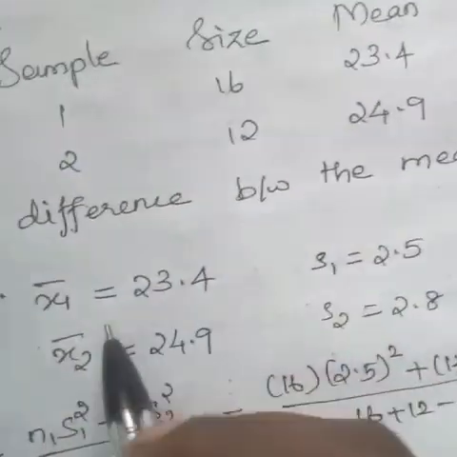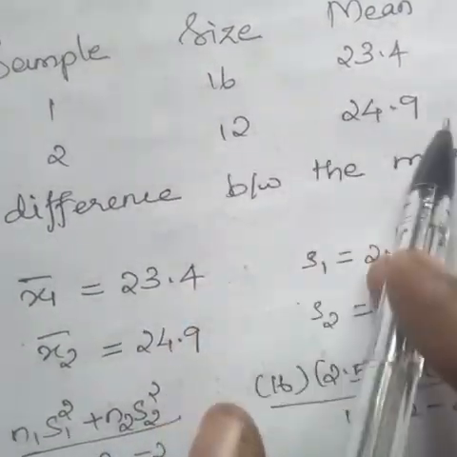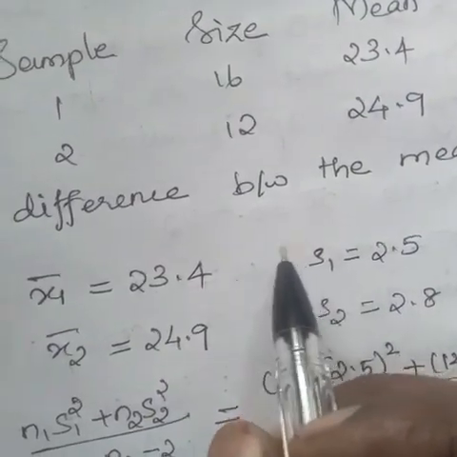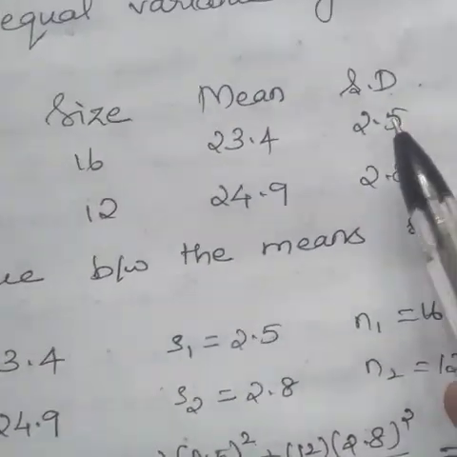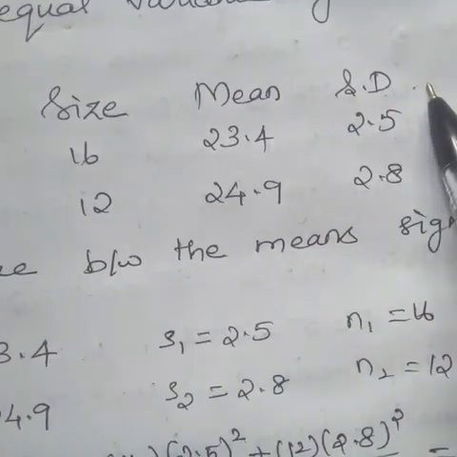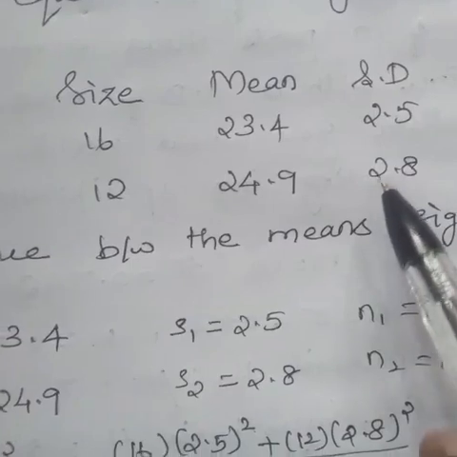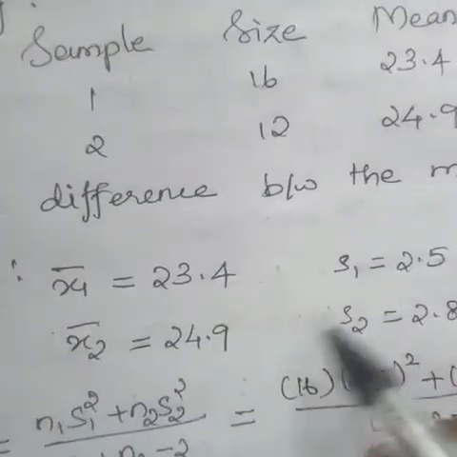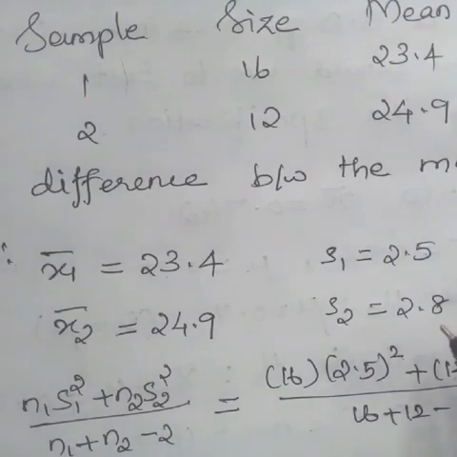Now these are sample means, so x1 bar 23.4 and x2 bar 24.9. The next is standard deviations. We have again the sample standard deviations 2.5 and 2.8, so small s1, small s2.